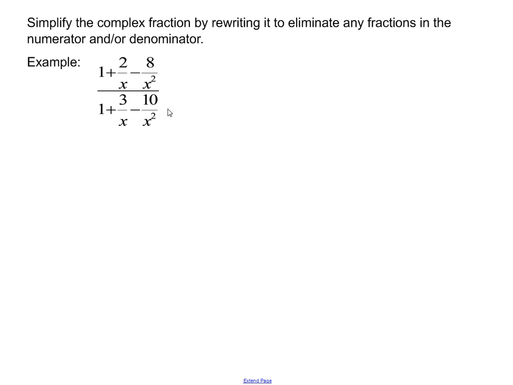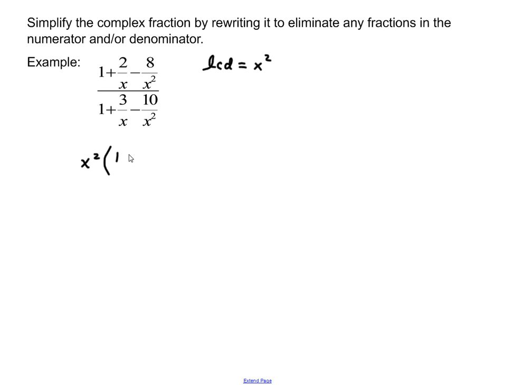Let's say we want to simplify this complex fraction by rewriting it to eliminate any fractions in the numerator and denominator. If I look at all my fractions, 1 over 1, 2 over x, 8 over x squared, the least common denominator of all of the terms is x squared. So that's what I'm going to multiply into the numerator and denominator equally. Let's see what happens.